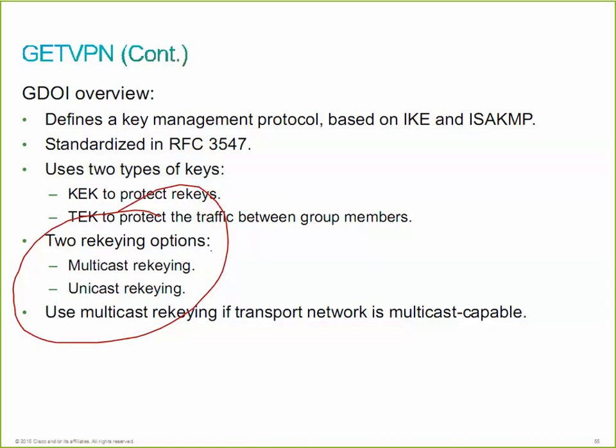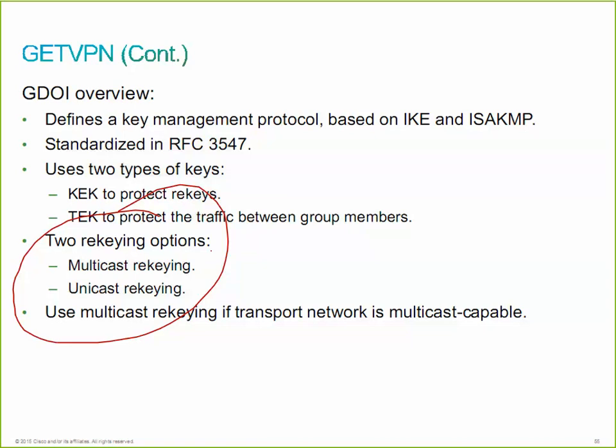Obviously, you understand fundamentally the difference, right? Unicast rekeying is when we send unicast rekeying messages to each of the group members. The key server is going to generate a rekey message for only one or a few group members at a time. And in order to ensure that all group members receive that rekey message for the new SA that they have to establish, that message is sent prior to the old SA expiration.